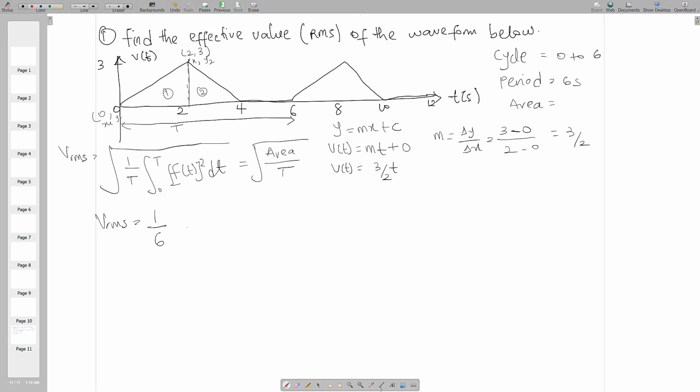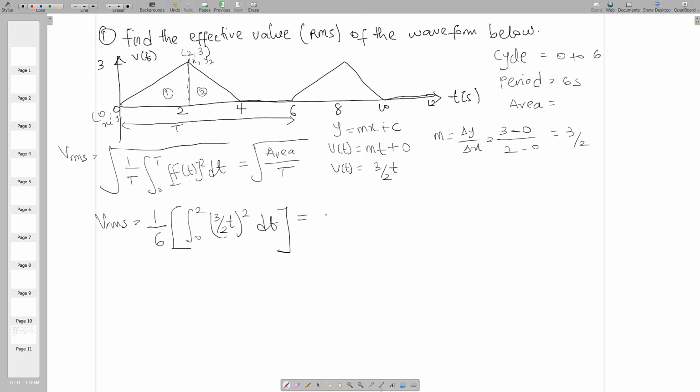So it will be 1 over 6. Then we will integrate from 0 to T. So now we are dealing with just this first triangle, or this first half. So it is from 0 to 2, and then we will bring our function, that is (3/2 t) all squared dt.